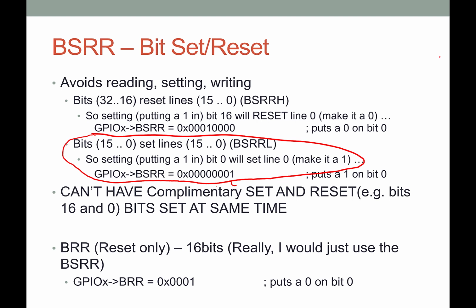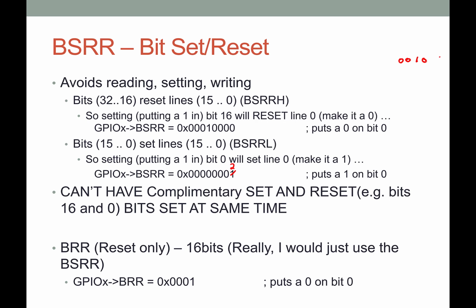What if we wanted to set bit 1? What would we put in that register? We would put in a 2, right? Because 2 would be 0010, so it would get bit 1 of the port and set that to a 1 at the output.